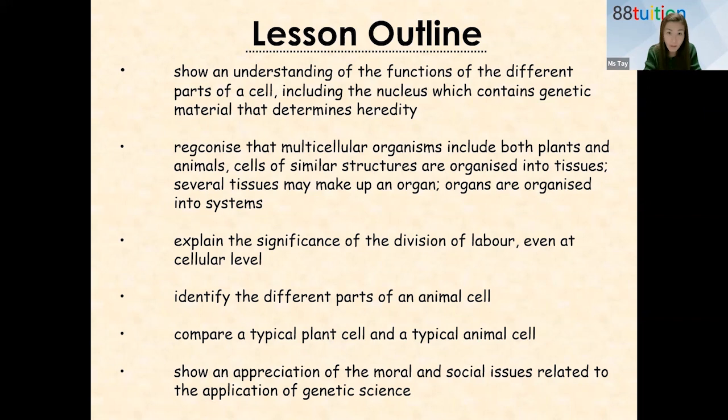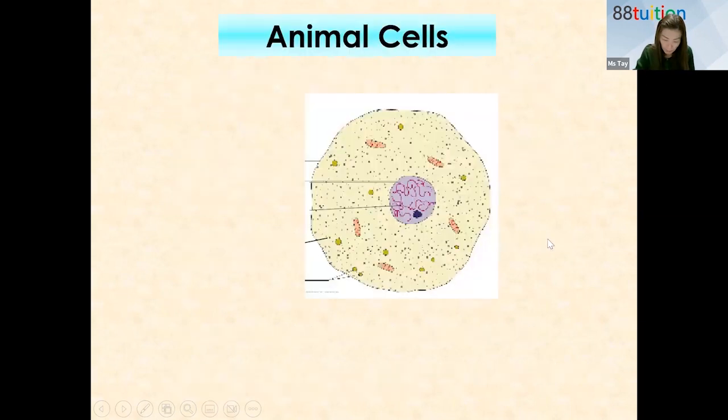Questions like this will come up. Then of course, the moral and social issues related to genetics. This is something talked about once in a while. But you have to know what is the right thing to do and what is not the right thing to do. We talk more about it in the later part.